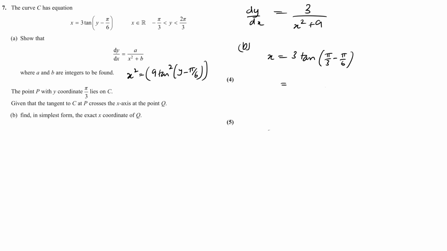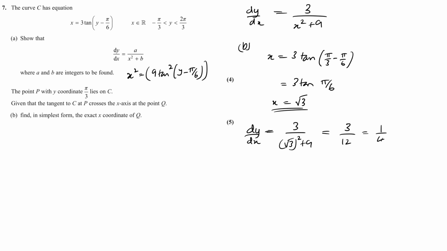Now this is obviously in radians. So it's 3 tan pi by 6, and in my calculator it gives me that x is root 3. Okay, so dy by dx is 3 over root 3 squared plus 9. So 3 over 3 plus 9 is 12, or 1 over 4. So that is my gradient.